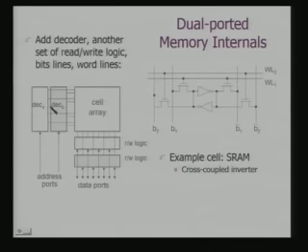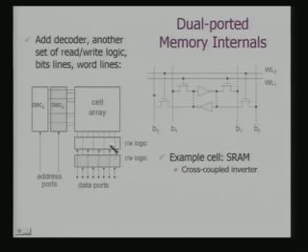There are 2 decoders, because addresses can now come from 2 distinct buses, since there can be 2 simultaneous read accesses from a memory block. So, there are 2 distinct decoders and another set of read write logic, bit lines and word lines, giving you these 2 distinct data ports.